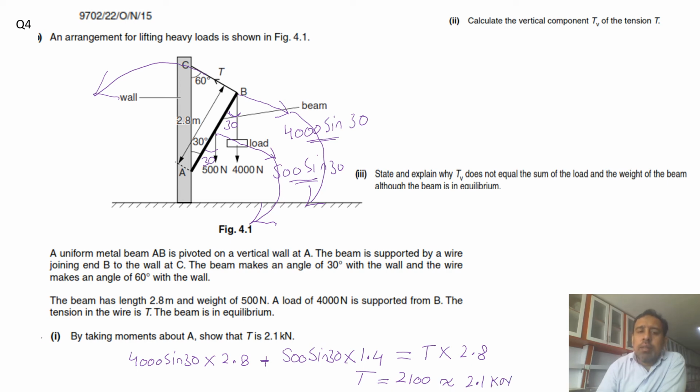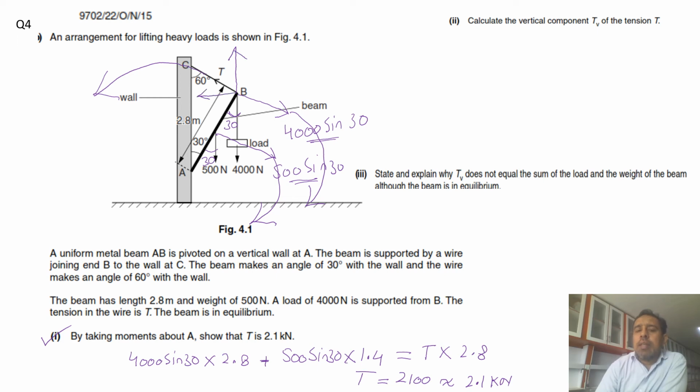This is part 1. Now part 2, we have to calculate the vertical component TV of the tension. So if we have to solve the vertical components, one of the components of this T is this and the other component is this.